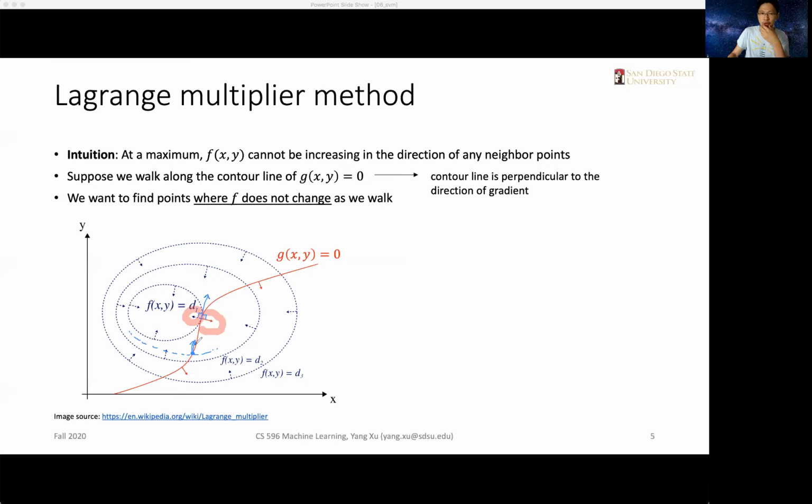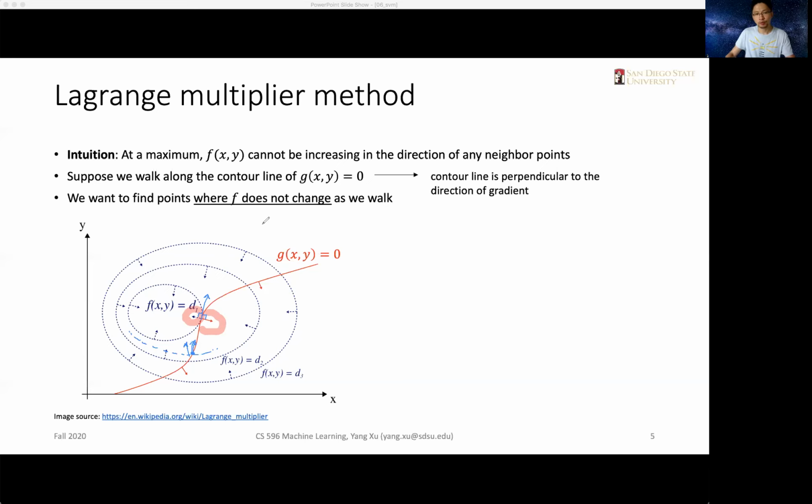Going along this blue direction will change the values of f, because we are not parallel with the contour of f. We are going inward, in parallel with the gradients, and the gradients represent the direction in which the function is increasing. The opposite of the gradients is the direction of decreasing.